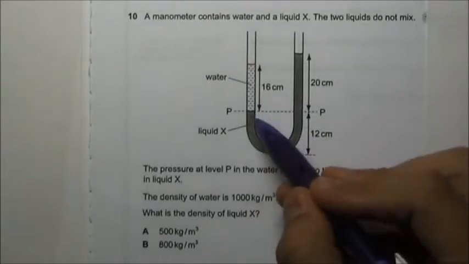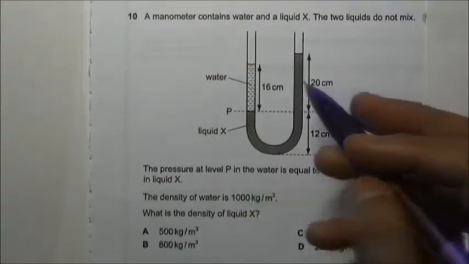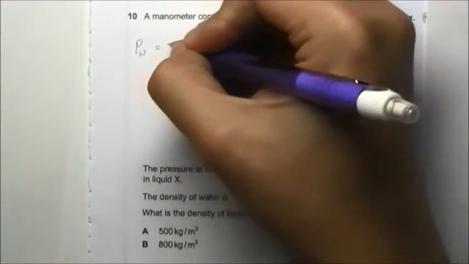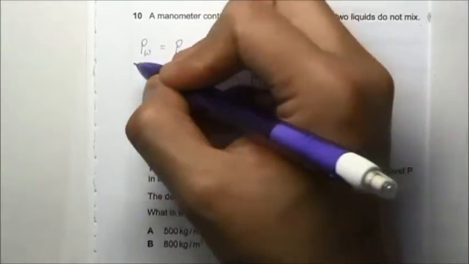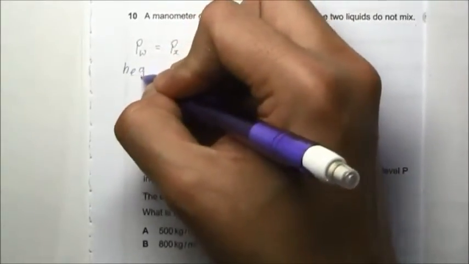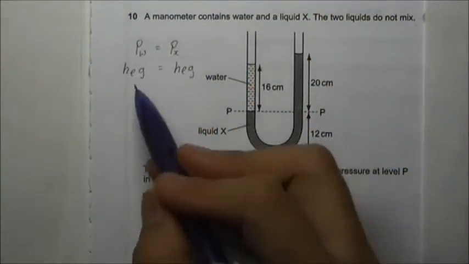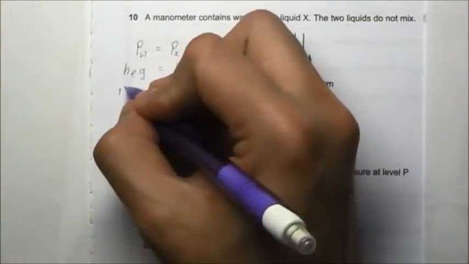Okay, for this question, we can first try to write out the governing equation. Since the pressure at level P is equal, we can say that the pressure of the water is equal to the pressure of X, which means that h rho g is equal to h rho g, and the height of the water is 16.